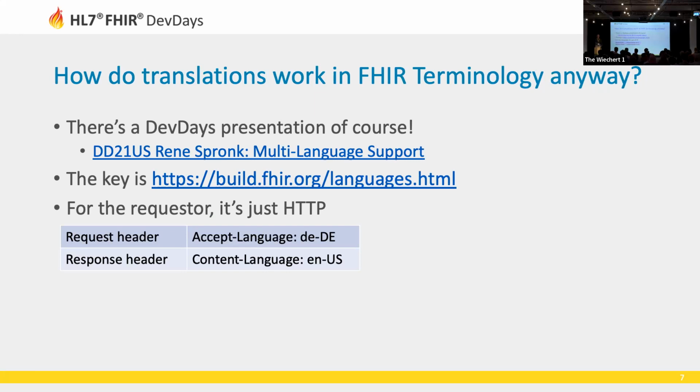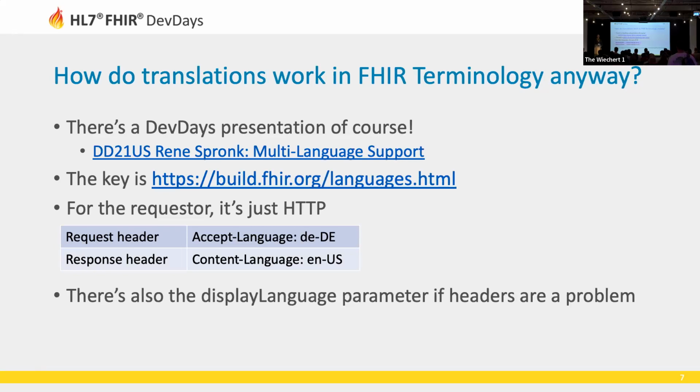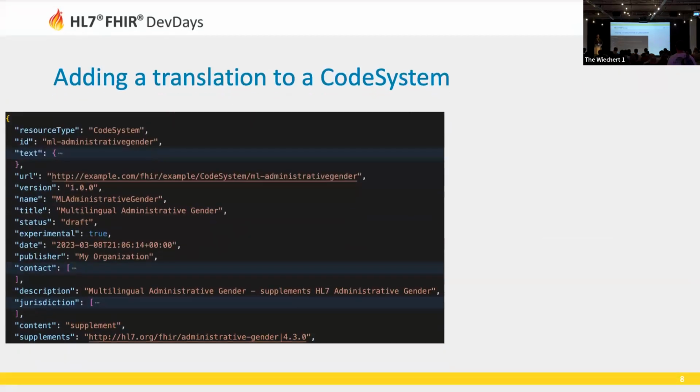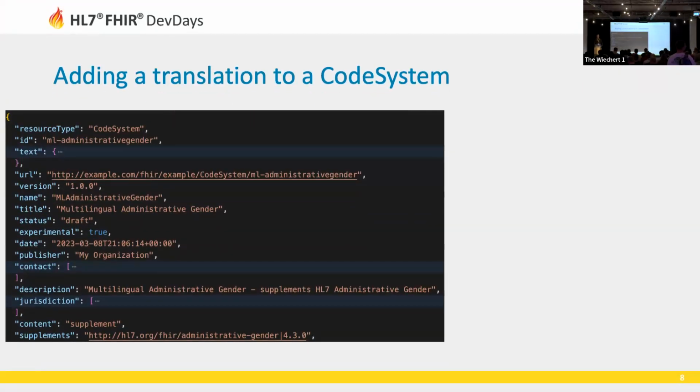So there's request headers, your accept language header to say what do I want the response to be, and then the response header content language to say this is what this response actually is. There is also a display language parameter, and then all sorts of variations of the resource's base language, the request headers and display language, but we'll gloss over that for a minute because that'll take ages to talk about. But if anyone's interested, we can talk about that after.